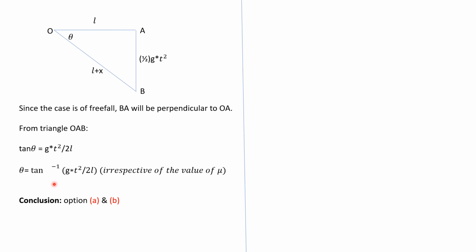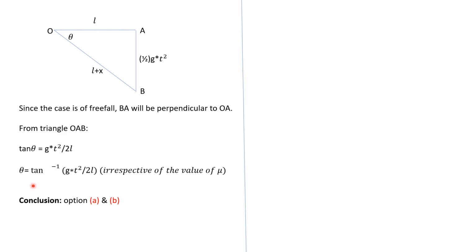You can see clearly that in this expression mu has never come. The coefficient of friction at no stage has come into our calculation because the reaction force N between the bead and the rod was 0.